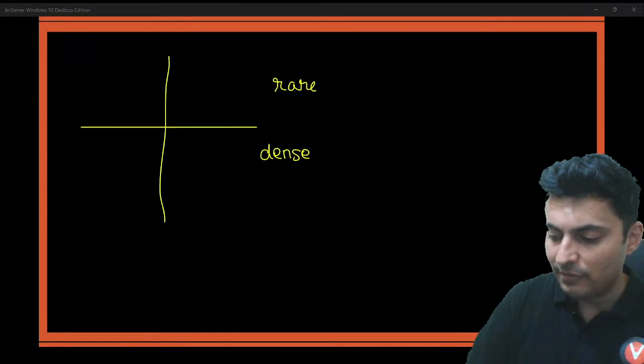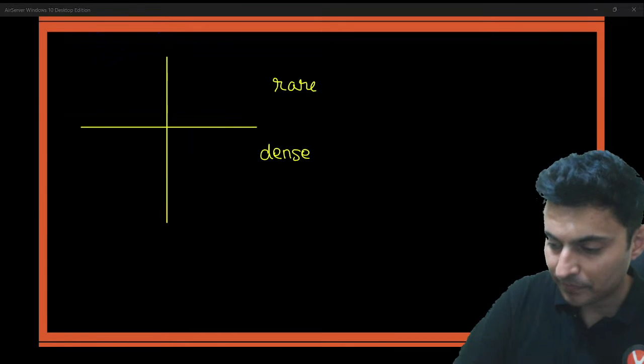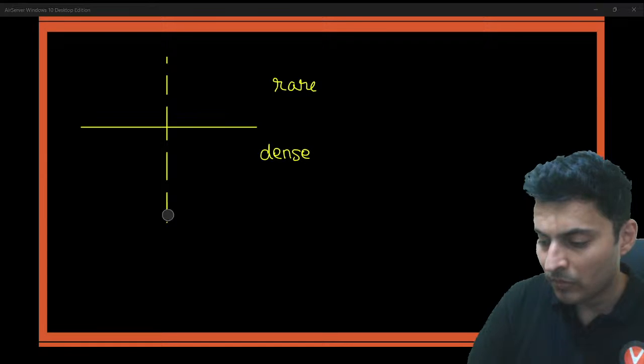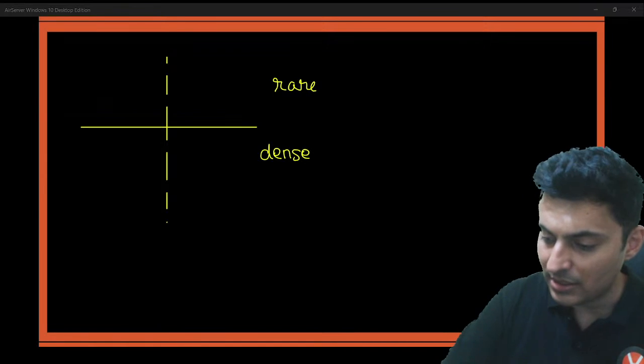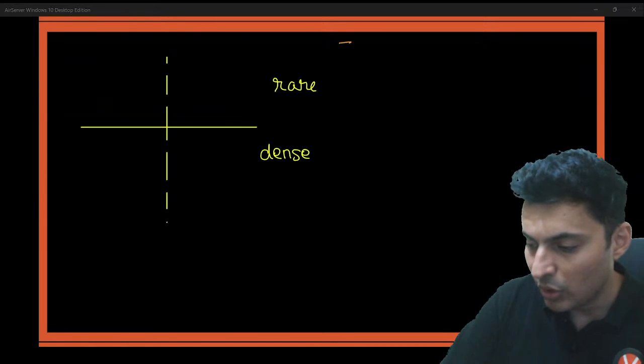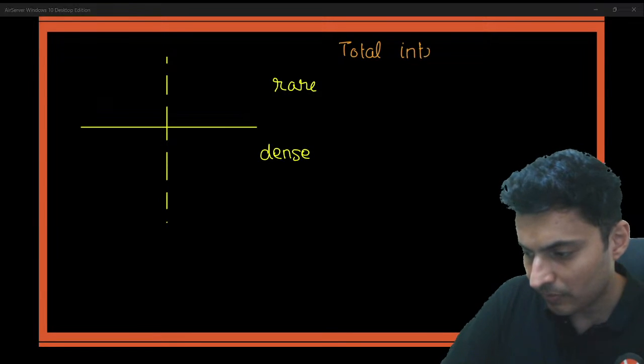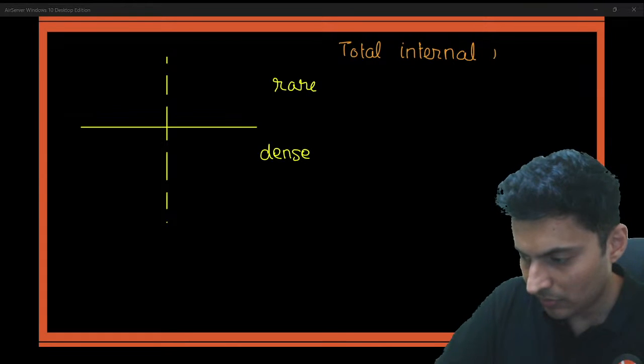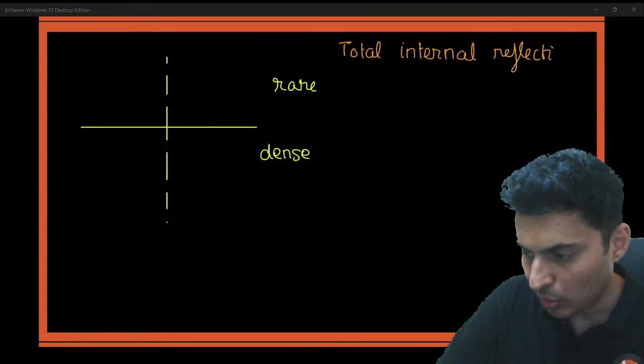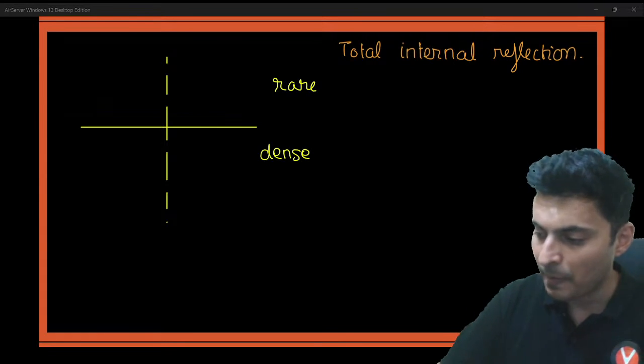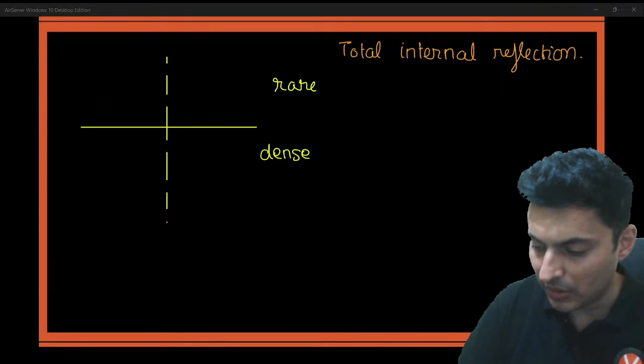This is also going to be very useful, especially in theory. It is a common concept which is asked, and that is the concept of total internal reflection. You should definitely be able to draw this.